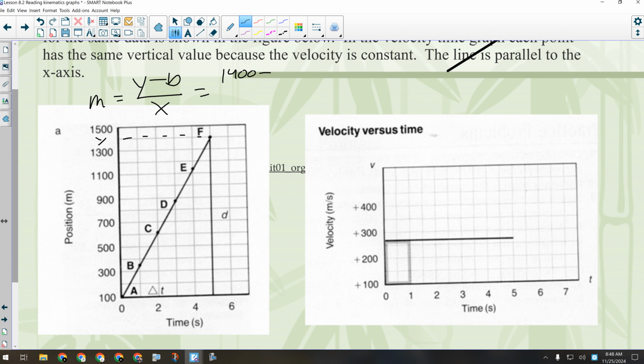B is 100. Weird place for the graph to start, but that's where it starts. And how long does that take? 5 seconds. So that's going to be 1,300 meters divided by 5 seconds. I'm pretty sure that comes out to 260 meters per second, and it's positive.